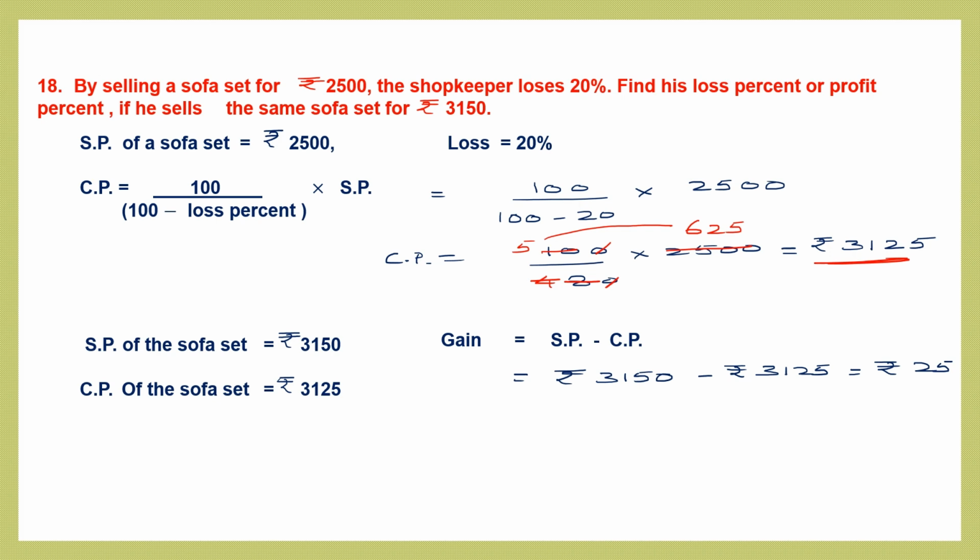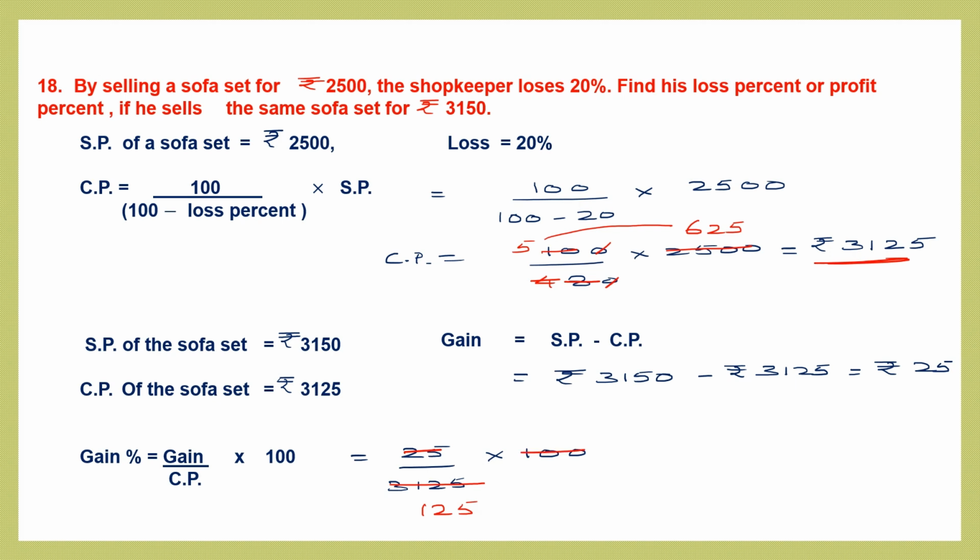So now we have found the gain. We can find the gain percent by saying gain divided by cost price into 100. Gain is 25 divided by the cost price, which is 3,125, and multiply this by 100. We can cancel 25 and 3,125. 25 into 125 is 3,125. Now we can cancel 100 and 125, both by 25 itself.